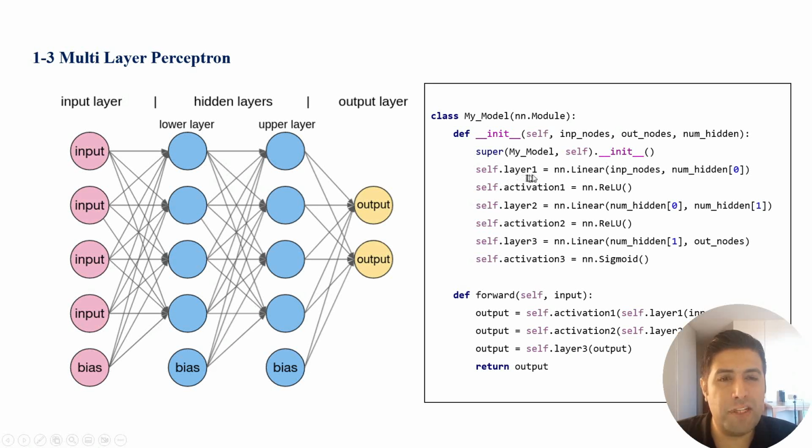For example, self.layer1 will make a linear transformation of the input, and then self.activation will apply the activation function on it to make it non-linear. Then the output will be given to layer 2, and the activation function will be applied on it, and the output will be given to layer 3, and the final output will be constructed.